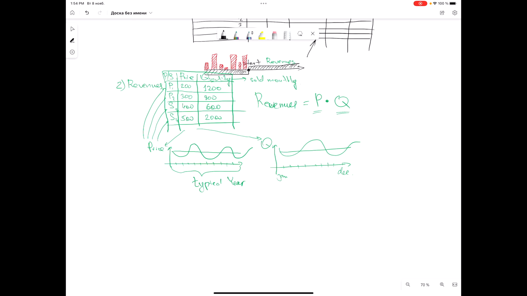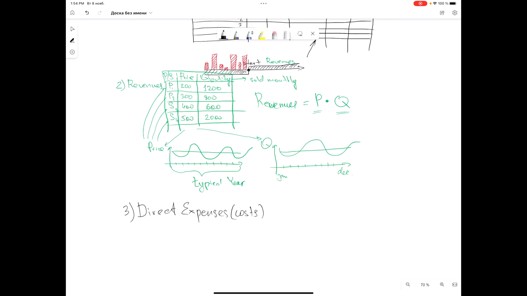So this is a very important block of data that you will need.